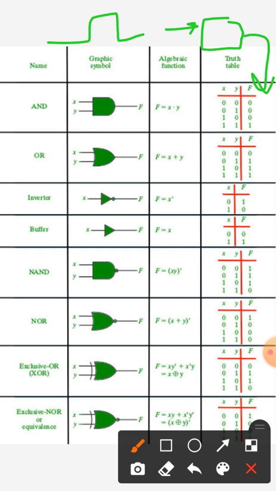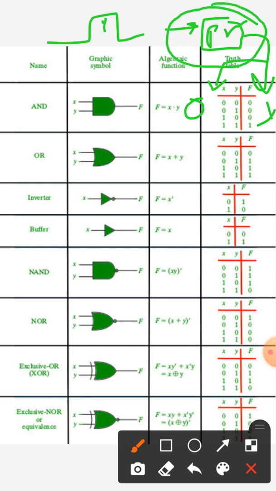If it is high, then we say 1. After the processing we will have 0 or 1, meaning high or low. So this process is called a logic gate.